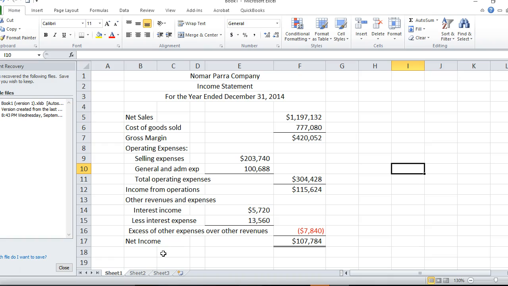From there, based on just the selling of the product minus the cost of the product, we have gross margin of $420,052. It allows us to see our costs in just running the business, to come up with the whole reason we're in business. Here's our income from that means. And then our other revenues and expenses are ancillary to what we're in business for.